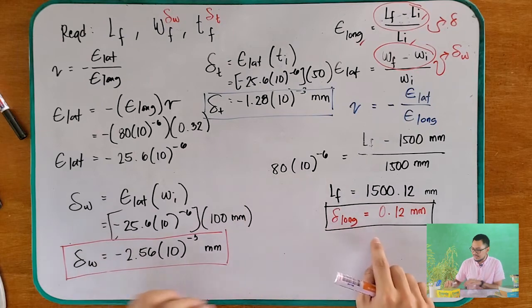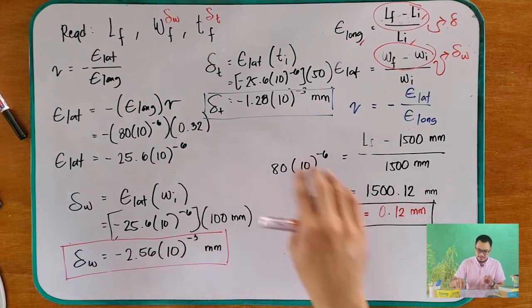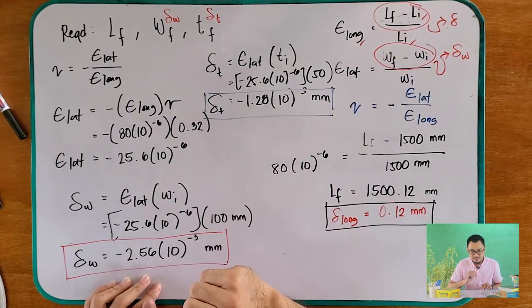The object is elongating, so therefore, the lateral widths of this bar should be decreasing. But again, if the longitudinal length of your material is contracting, then I'm sure that this one is negative and these two are positive. Okay, understood?